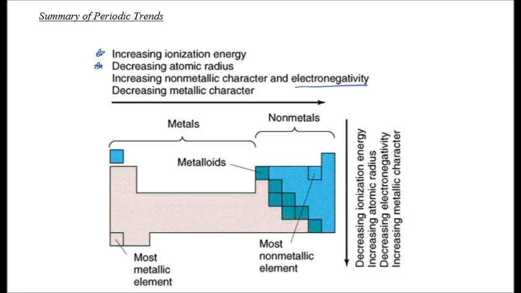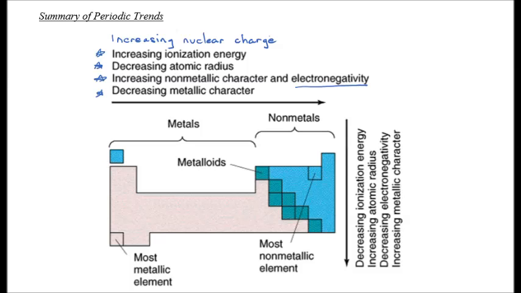We get smaller in size, and as we head towards the nonmetal side, we have an increase in nonmetallic character and a decrease in metallic character. We also want to write, as we go to the right, there is an increasing nuclear charge. Nuclear charge is the charge of the nucleus, and as you go to the right, the number of protons in the nucleus increases.